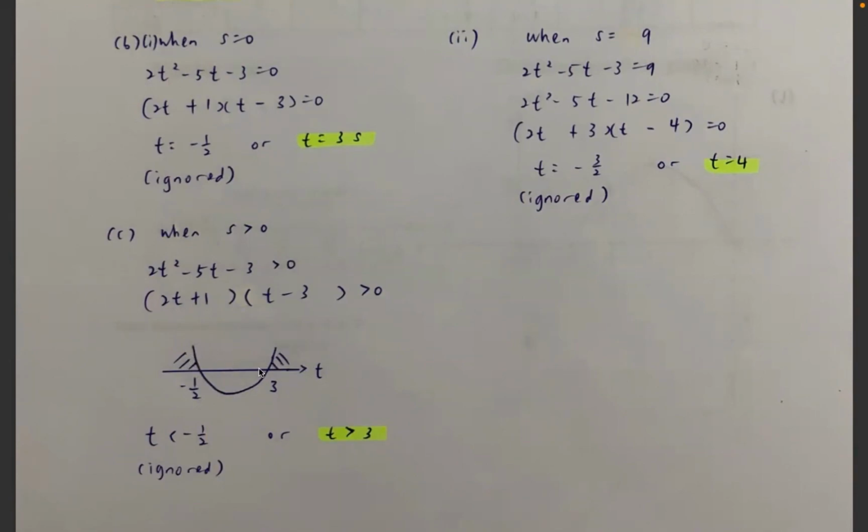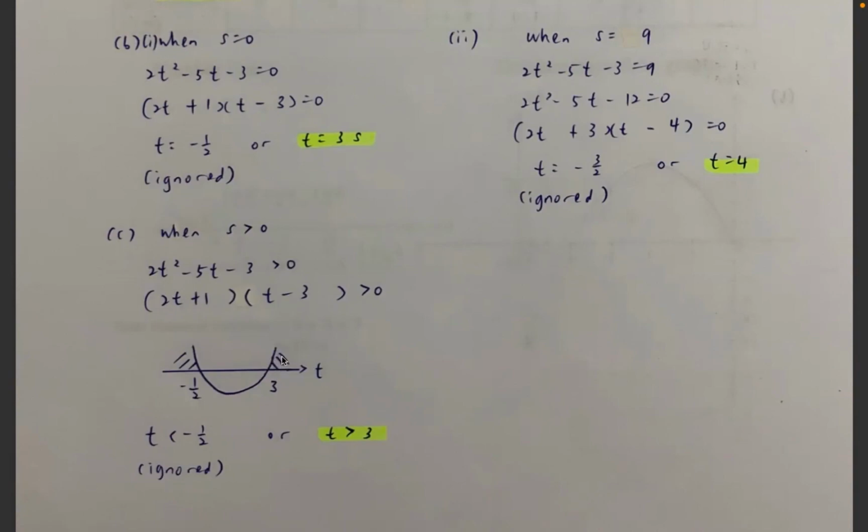So I draw the parabola. 2t squared, 2 is positive, so we draw a U-shaped parabola. The variable here is t. The x-intercepts are -12 and 3. The inequality is greater than 0, which means we choose the graph that is above the x-axis, meaning above the t-axis in this case.